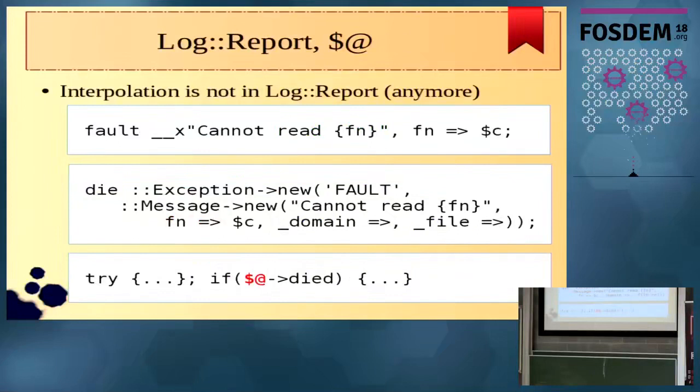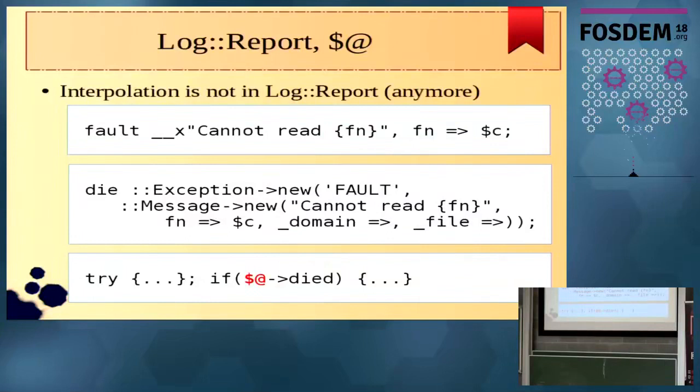Okay, so we get a die with an exception object. You might not know, but a die can have not only a string, but also an object. So $@ doesn't need to be a string, but can also be an object. In this case, if you use try, which is also part of Log::Report, and you catch it, you can ask things like, did I die?